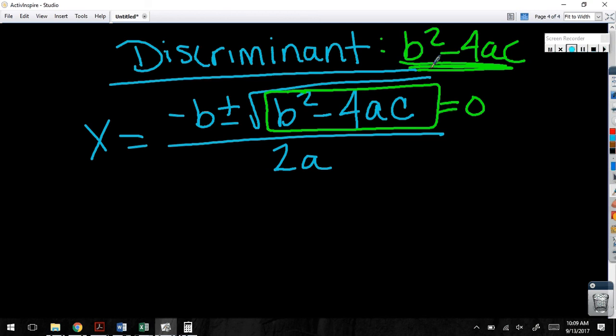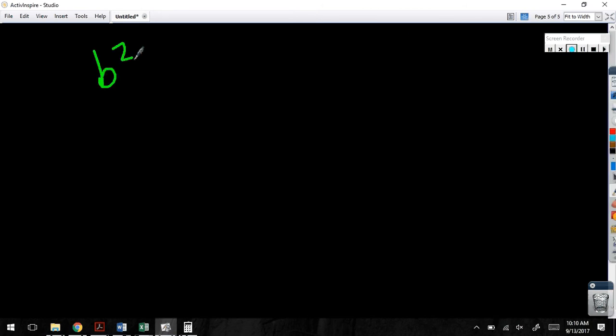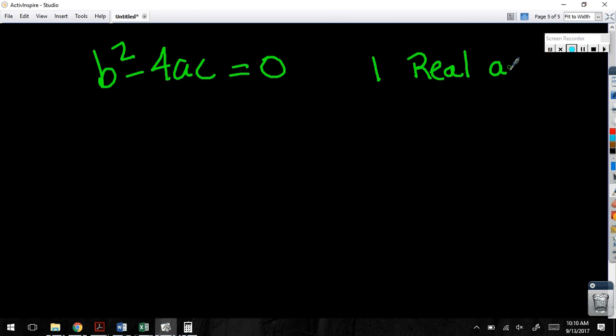All right, so here's what happens. You've already told me one scenario. If I do b squared minus 4ac and I get 0, there is only one real answer, right?